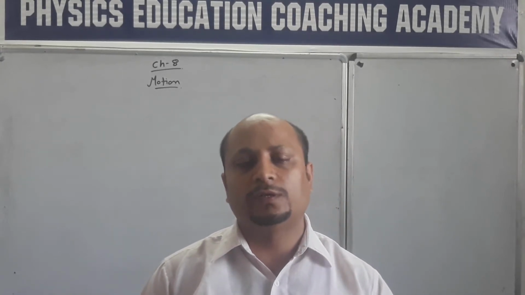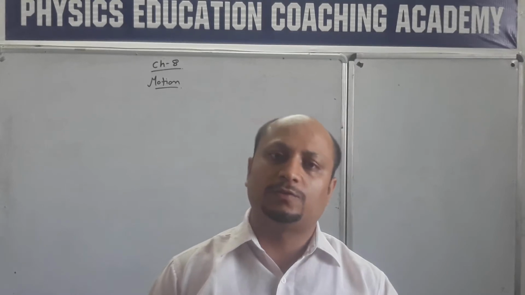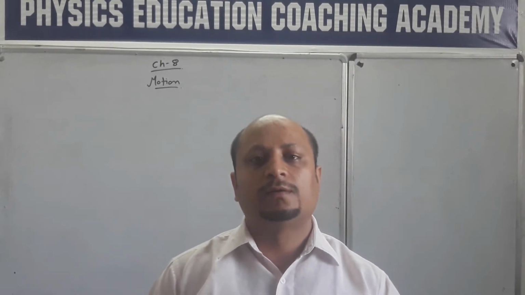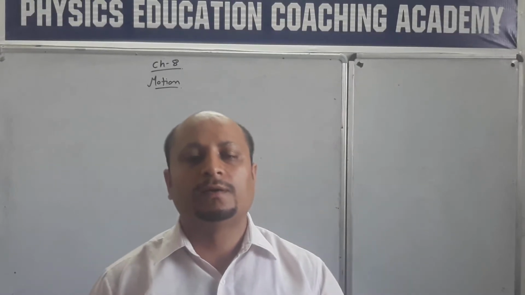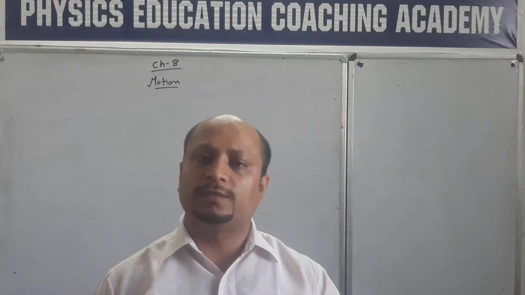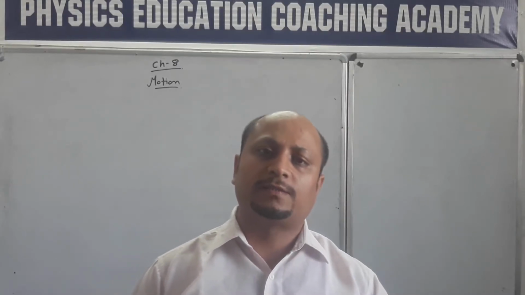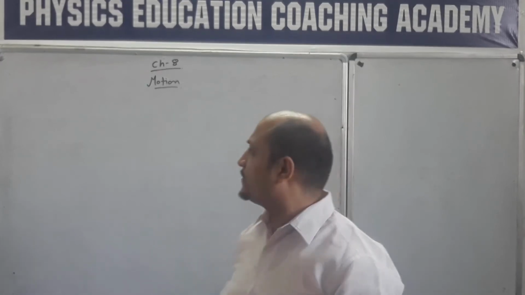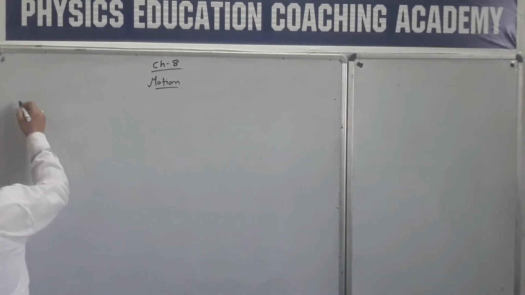Speed, as you know, it is of four types. First is uniform speed, second is non-uniform speed, third is average speed, and the fourth is instantaneous speed. So in this lecture, I will discuss one by one these four terms. So first, I will discuss what is uniform motion.